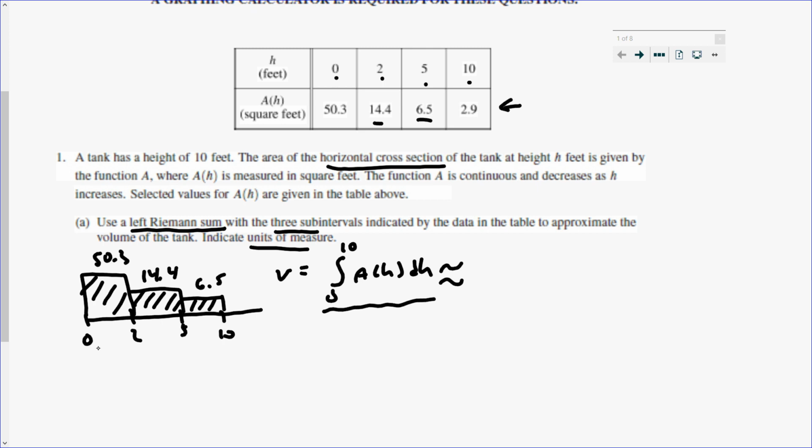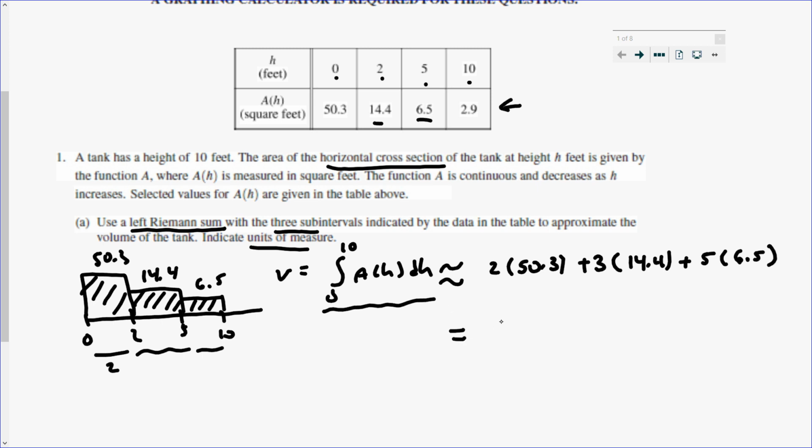And so for our first rectangle, it's going to be 2 wide by 50.3 high, plus the second rectangle is 3 wide by 14.4 units high, plus the last one is 5 units wide, and it has a height of 6.5. And again, you can use your calculator. You can type all of this in your calculator, and you're going to get 176.3 cubic feet right there. And that would be your answer.